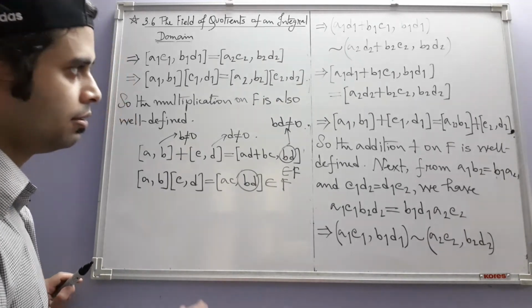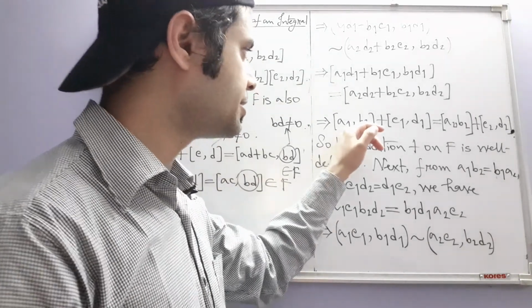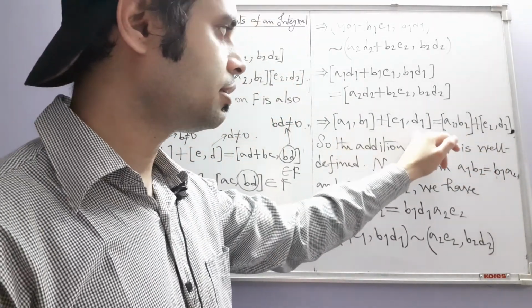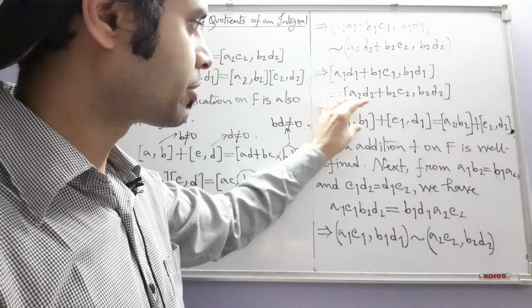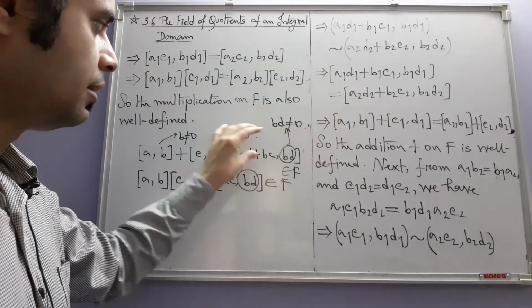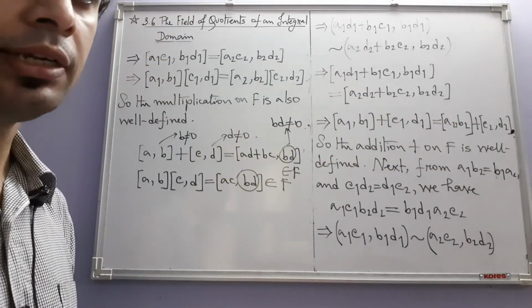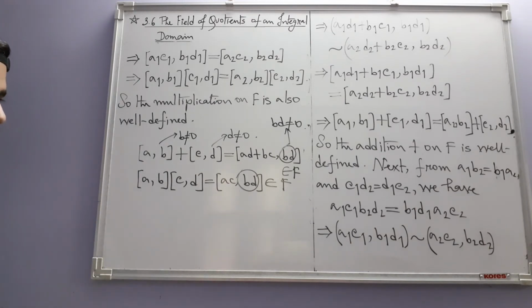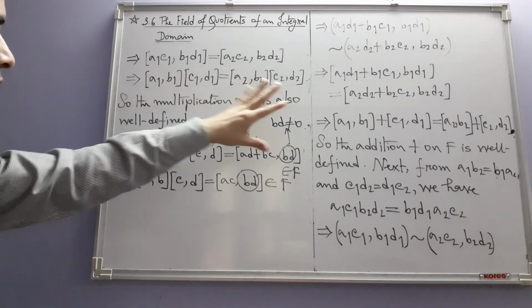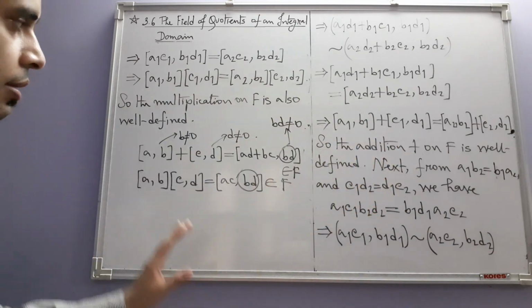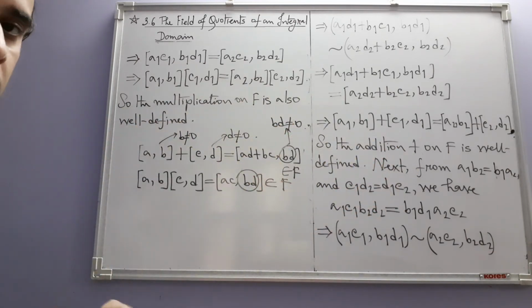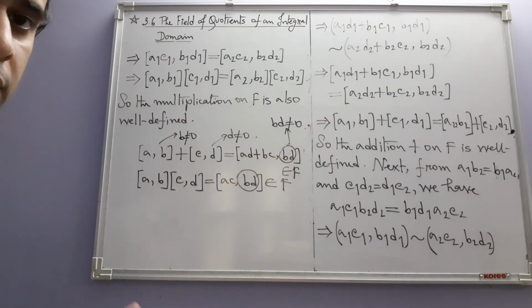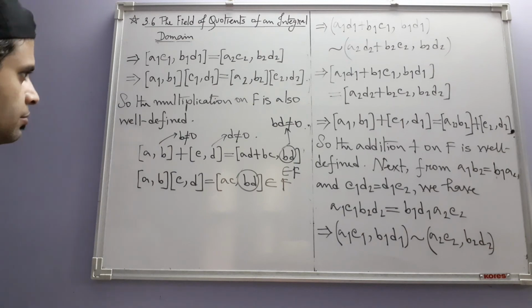So not only is this operation independent of the representative we are using to represent the equivalence classes, but the result is actually in F. Similarly, in case of multiplication also you write the same thing. I am not going to modify this part. I just simply mention this so you fill in those gaps, okay.